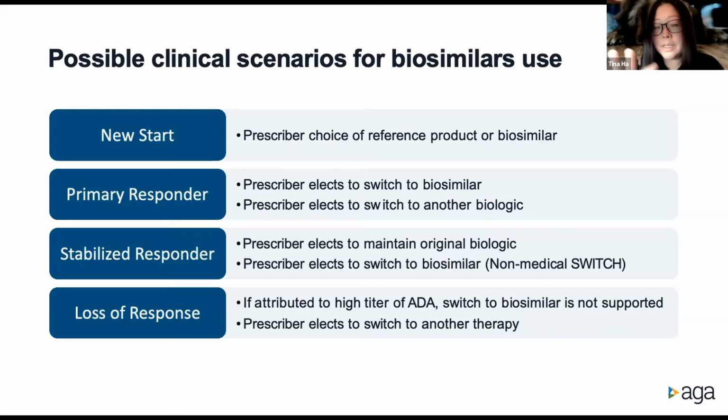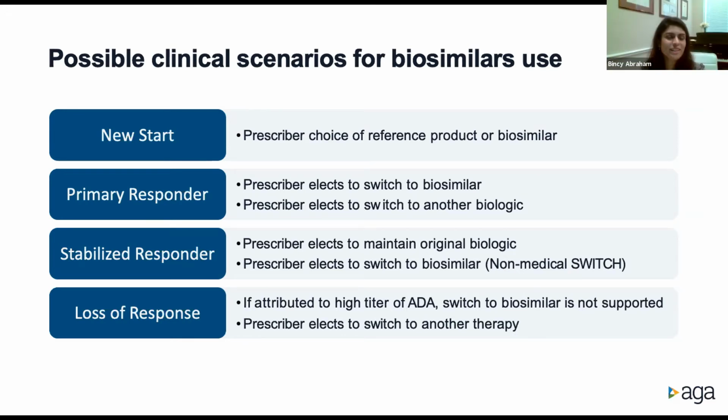I don't want to put you on the spot, Bincy, but I recall you talking in a session about a patient in the hospital getting a reference product or a biosimilar, and then their next doses were a switch, and they may have had multiple switches simply because of where they were initially started on the treatment and where their insurers made them continue. So are there any concerns about switching during active disease or prior to reaching any of these endpoints? Tina, you have a great memory.